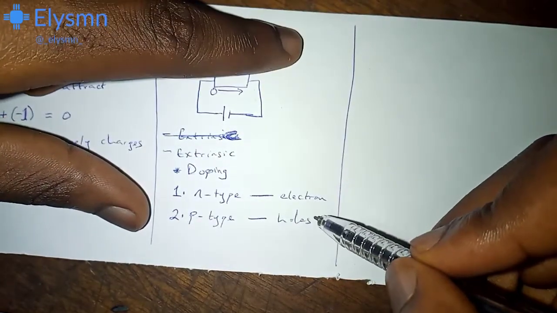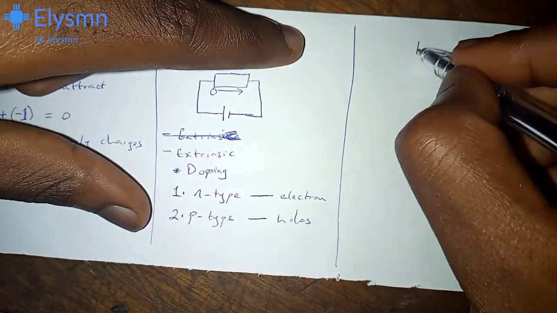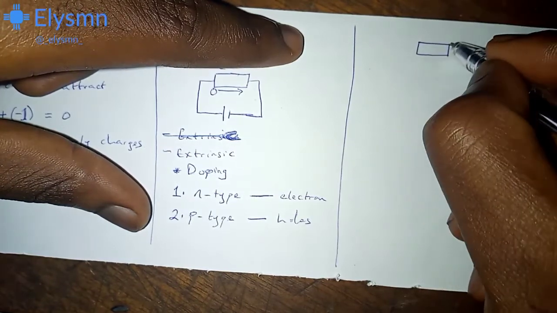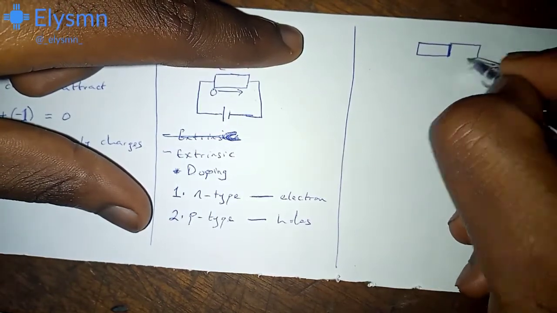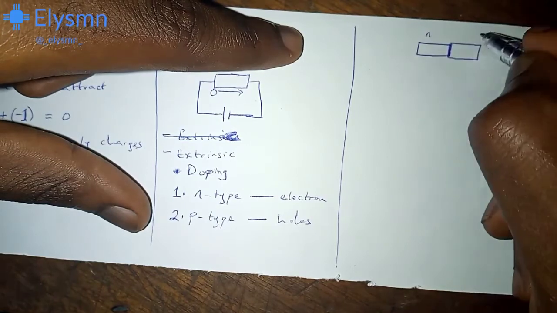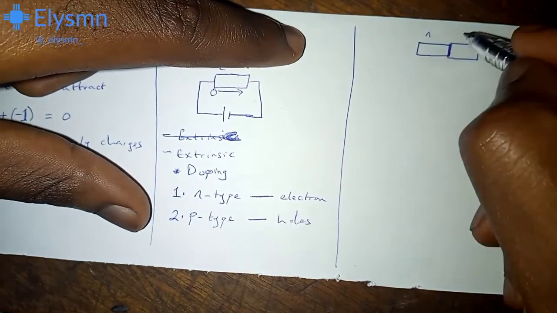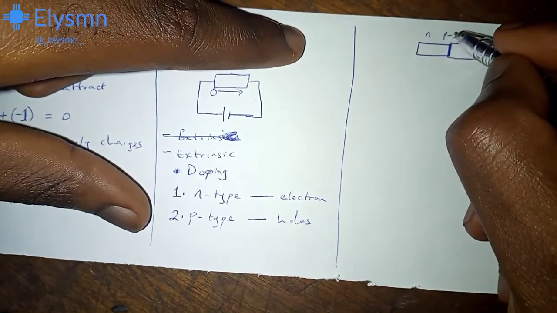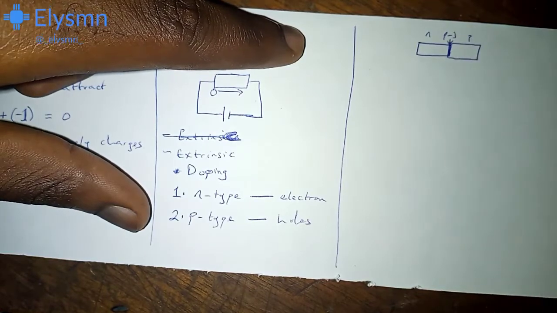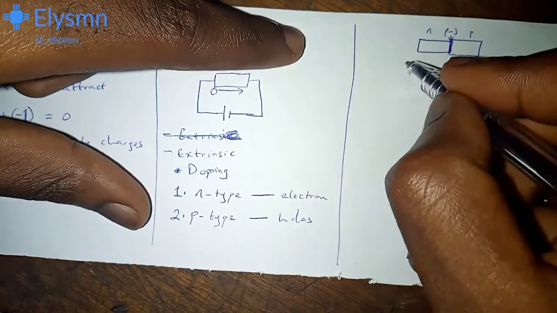When an N-type and a p-type semiconductor are put together in this format, N-type and p-type, you have what you call a p-n junction at this point.